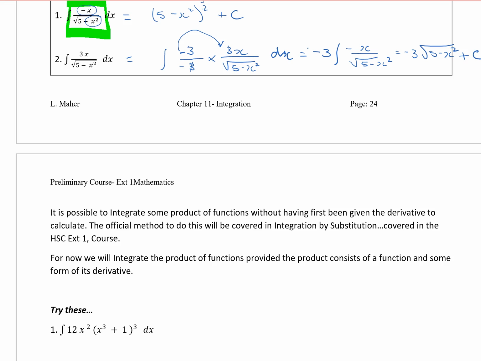So it's unusual but you could be asked to integrate some product of functions without first having been given the derivative. And I guess it would be more common for that to happen in the extension exam. However, what is also common in the extension exam is the process for dealing with that situation, which is called the substitution method.